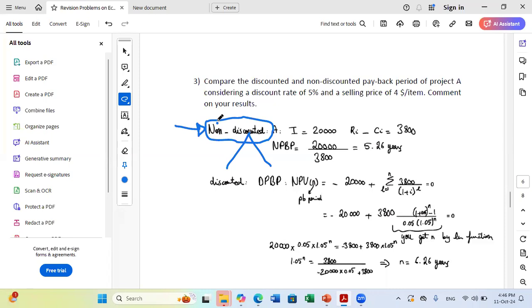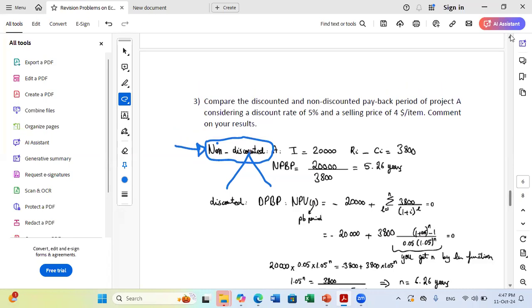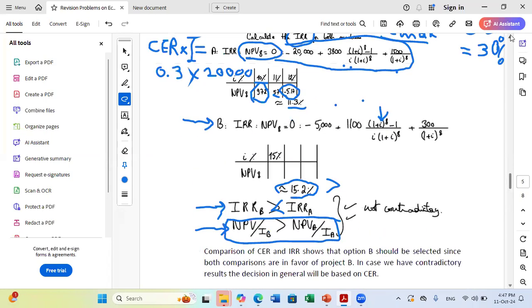Okay, and to calculate the non-discounted payback period, please pay attention, you don't use the formula from before, because in the formula before you are dividing by 1 plus I to the power i, and when you do the geometric expansion, you have i in the denominator. You cannot have 0 here. So you don't go back to this equation when you want to calculate the non-discounted payback period.